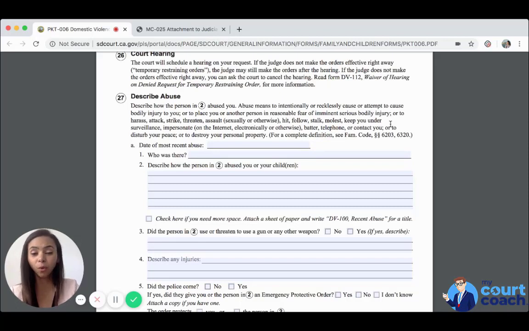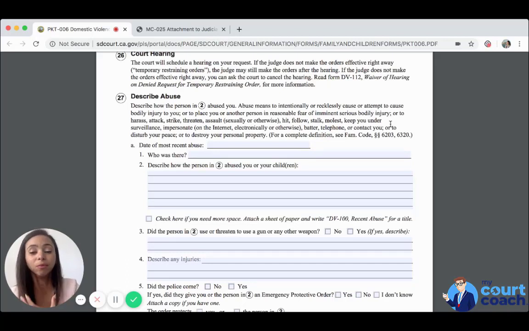Or if he did threaten me, then I'd say he threatened me by stating that if I walk out that door, then he's going to make my life a living hell. And so I'm using the word threaten, right? Or if he's attacking me, he attacked me by taking his hand and wrapping it around my neck, and that left marks on my neck.